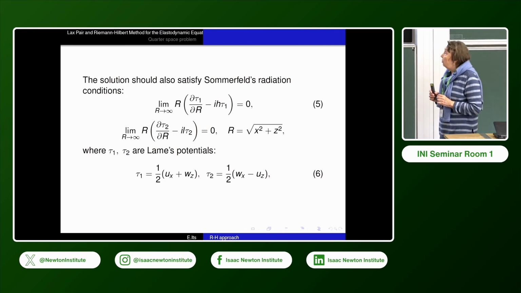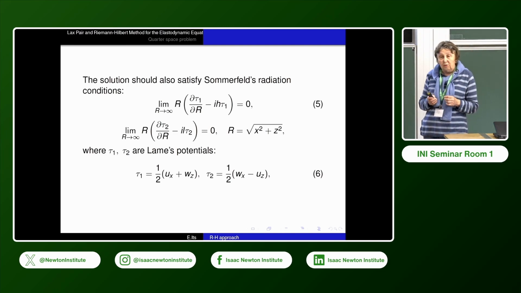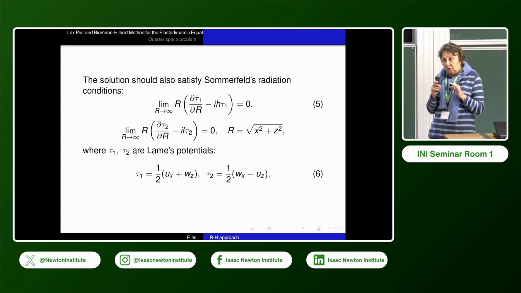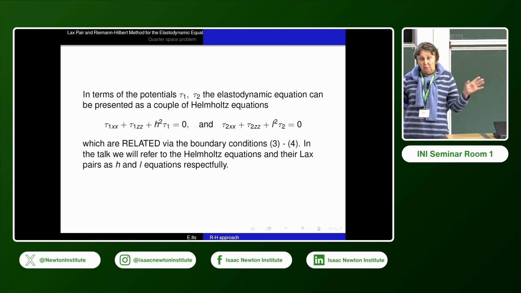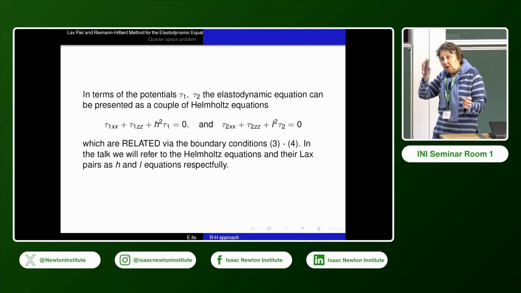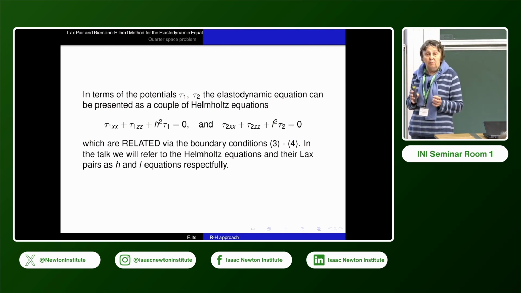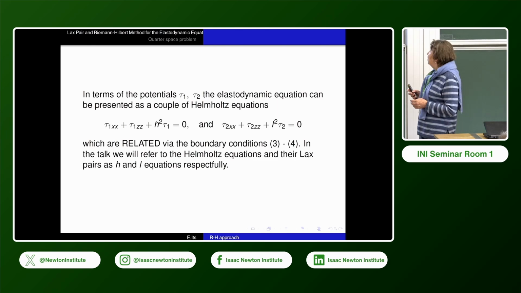In terms of the Lamé potentials, the elastodynamic equation could be split into two Helmholtz equations. It means the equation is separable, but it is related via the boundary conditions.